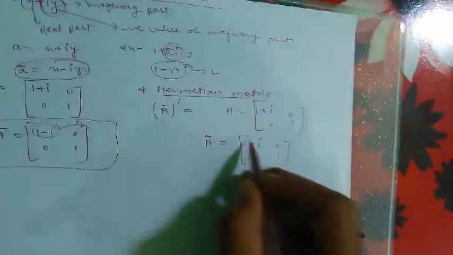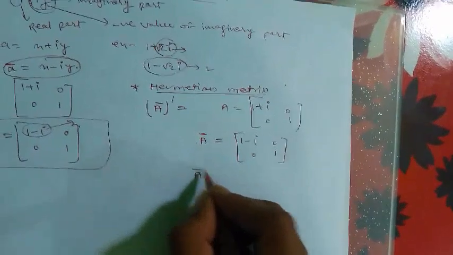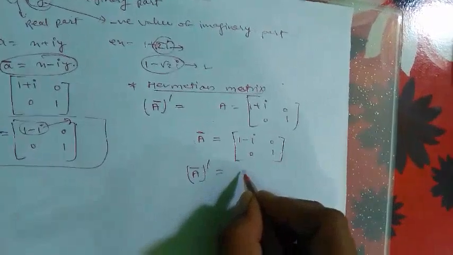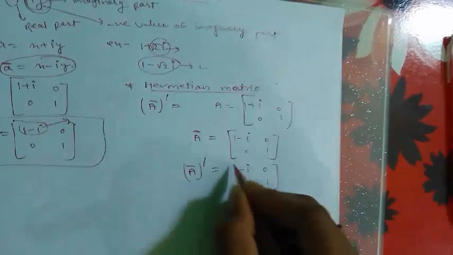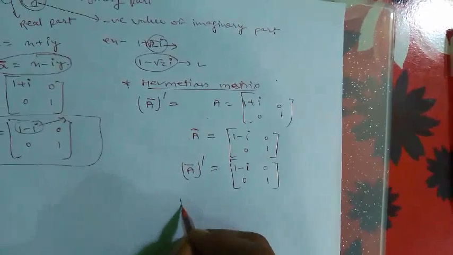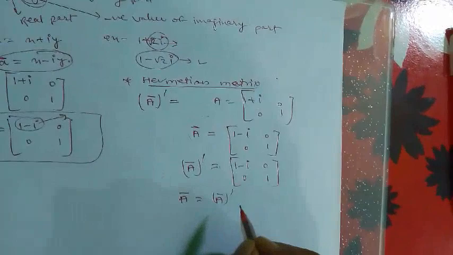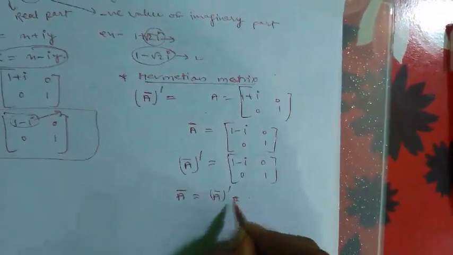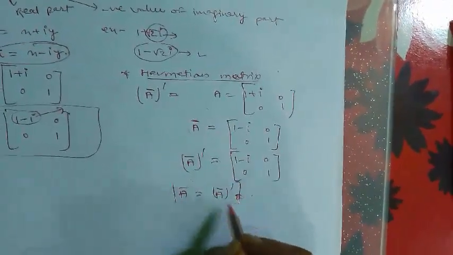Then we find the conjugate transpose of this matrix, which is 1 minus i, 0, 0 and 1. Here we will see that the value of A is equal to the conjugate transpose of A. Here we will find that the conjugate transpose and the matrix are equal.